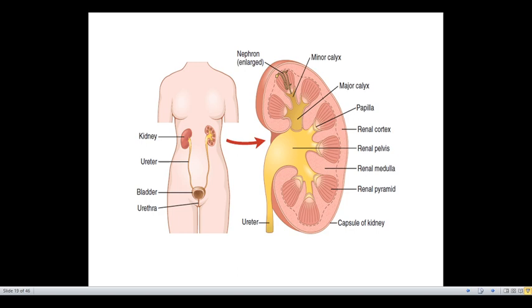This figure shows the general organization of the kidneys and the urinary system. You can see the minor calyx, major calyx, papilla, renal cortex, renal pelvis, renal medulla, and renal pyramids.